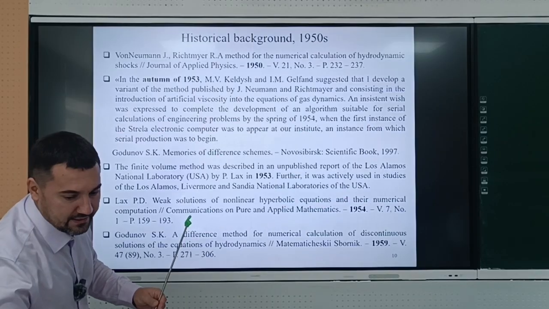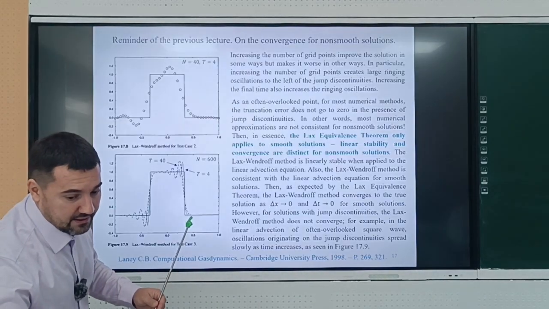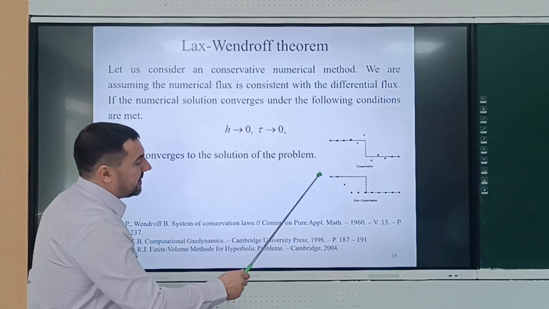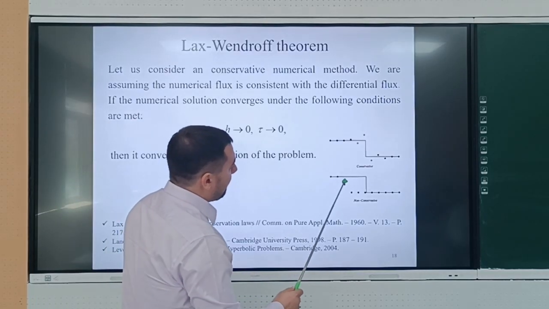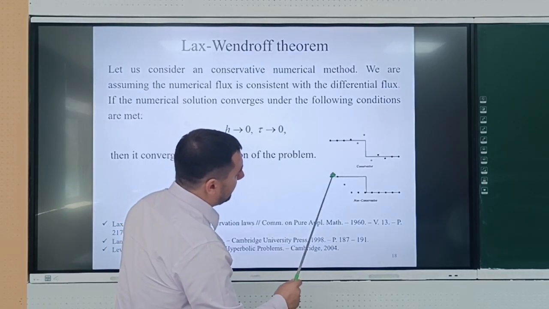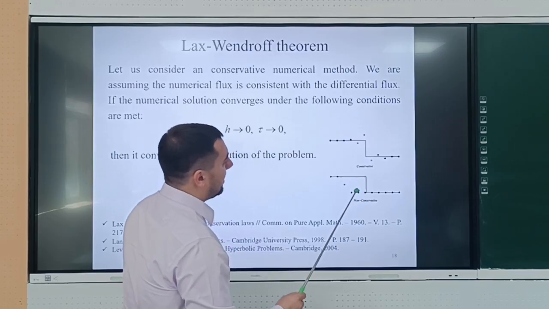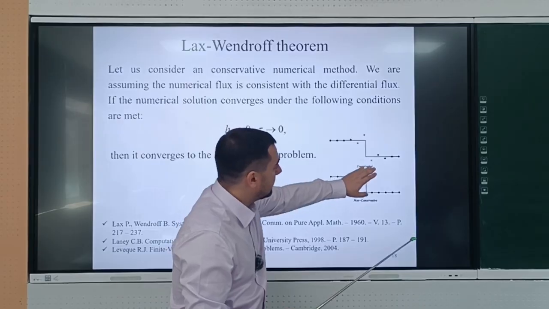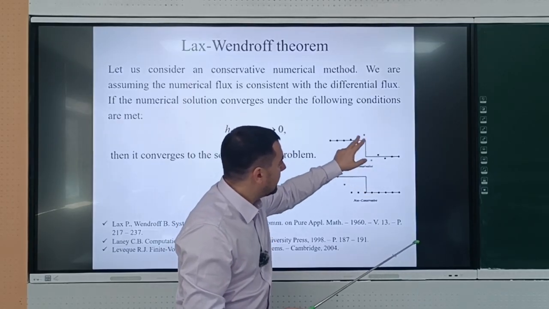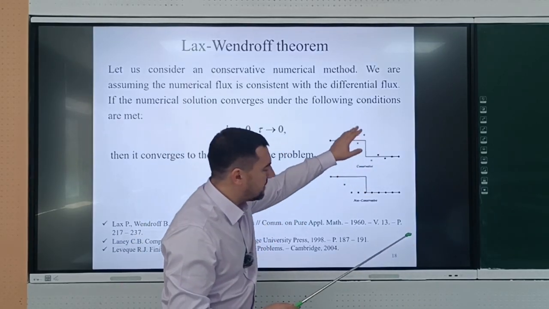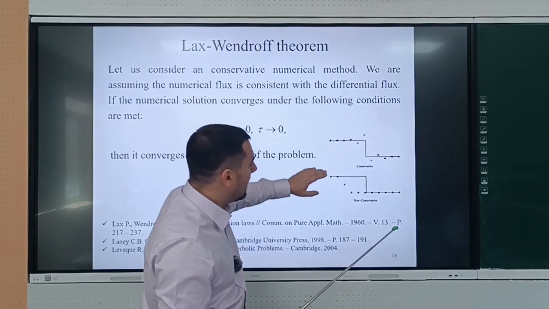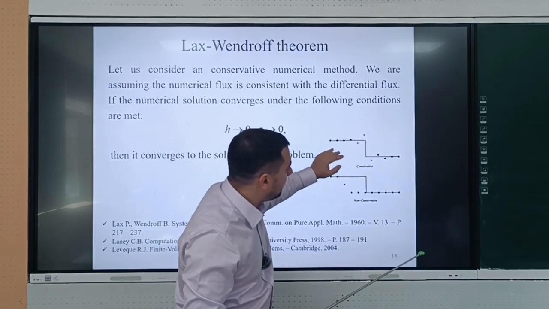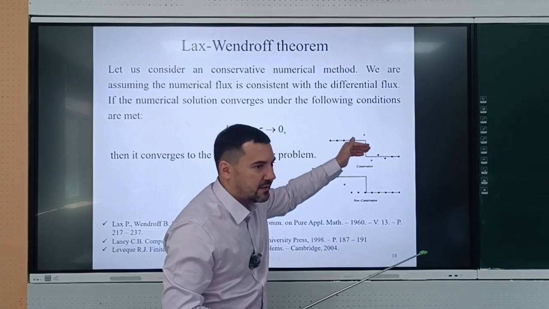If you use a non-conservative scheme, one of the typical behaviors is that the speed of propagation of your disturbances is wrong. If your scheme is conservative, even if it's not monotone like here, suppose this is the exact solution and the dots correspond to the numerical solution, and you have this overshooting and undershooting, that's it. But the speed of propagation of your disturbance in simulations is correct.